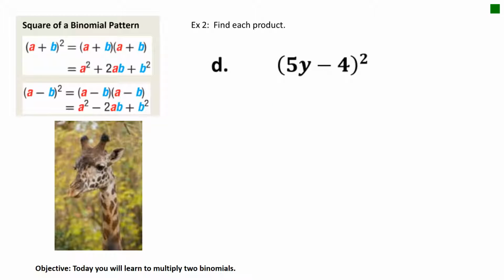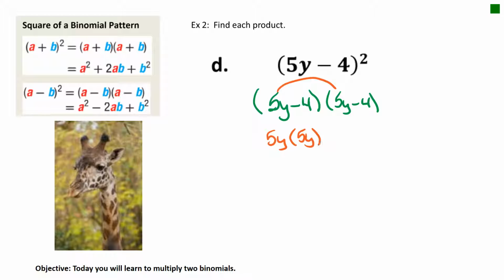Scary. Okay. So we're going to write it twice. 5y minus 4 times 5y minus 4. 5y times 5y, remember 5y times 5y gives us 5 times 5, 25. Y times y is y squared.